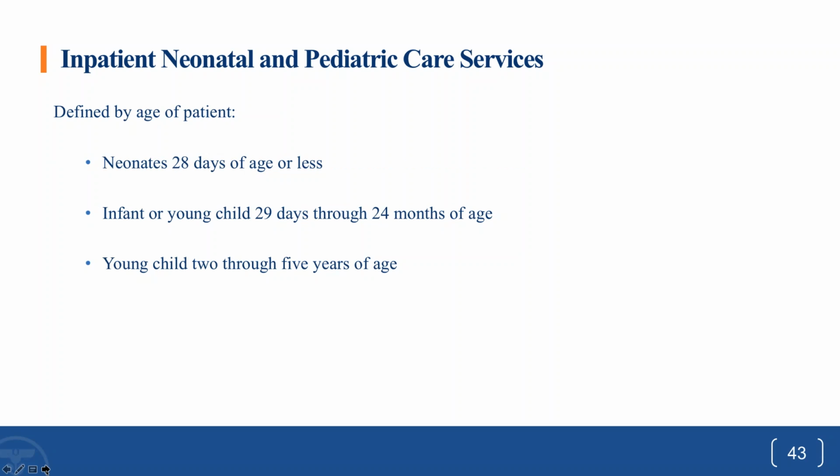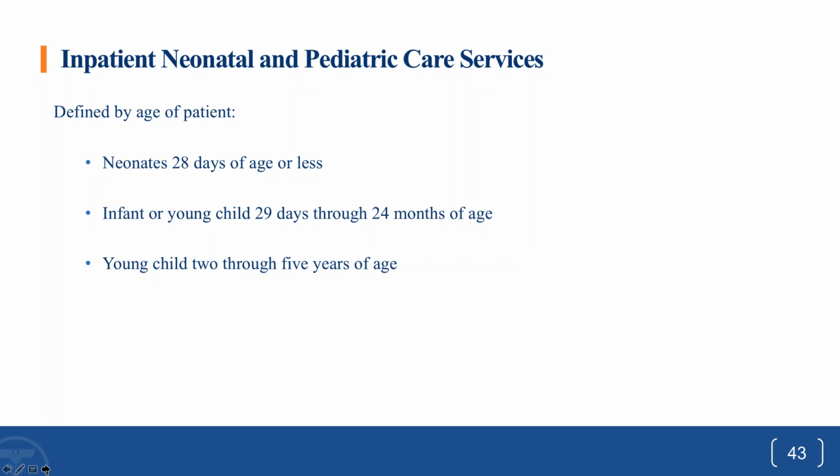All right, so in case you're not aware of the age, when I said neonates and pediatrics, neonates, they say, are 28 days or less. Okay. Infants, 29 days through 24 months. And then a young child is age 2 through 5.